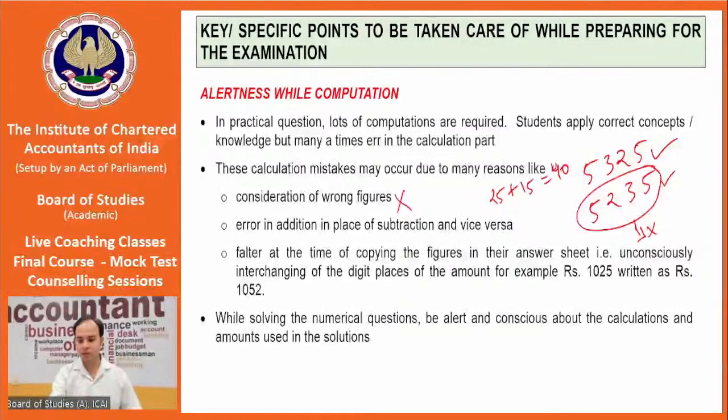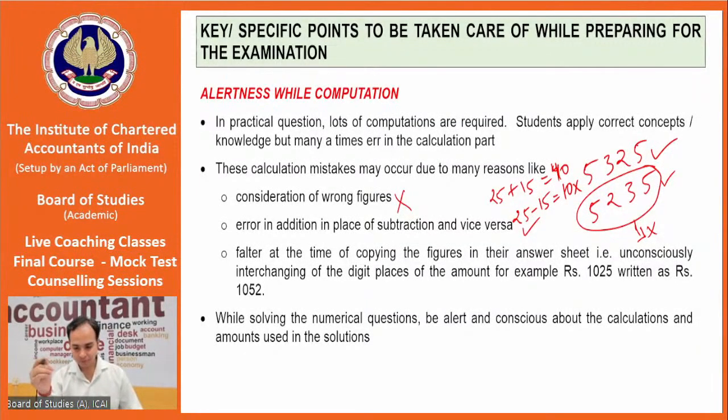But since you are not in a better state of mind, you might have done it as 25 minus 15, so the answer would go wrong as 10. So it is very important to be very cool and not try to do things in a very speedy manner.